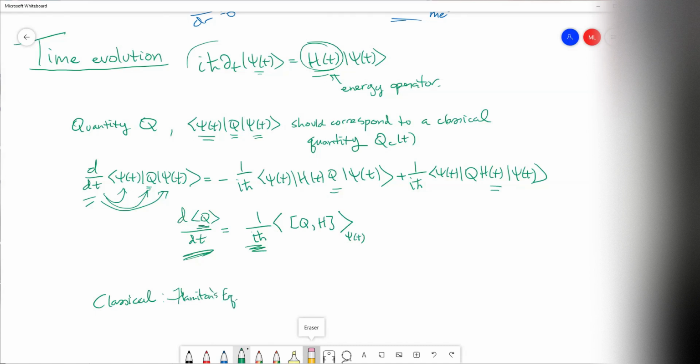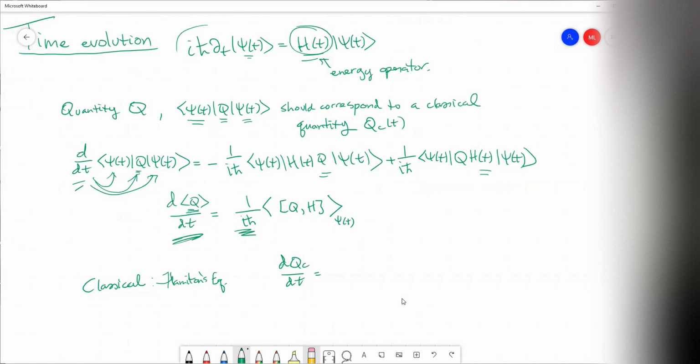And if you remember from classical mechanics, the evolution of the classical version of some coordinate is given by so-called Poisson brackets with the classical Hamiltonian.